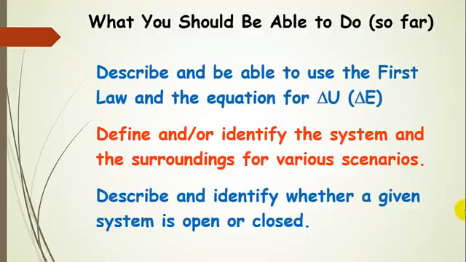Okay, so what should you be able to do so far? You want to be able to use the first law and the equation for the internal energy, delta U. You want to be able to define and identify the system and the surroundings for various scenarios. You also want to be able to describe and identify whether a system is open or closed.